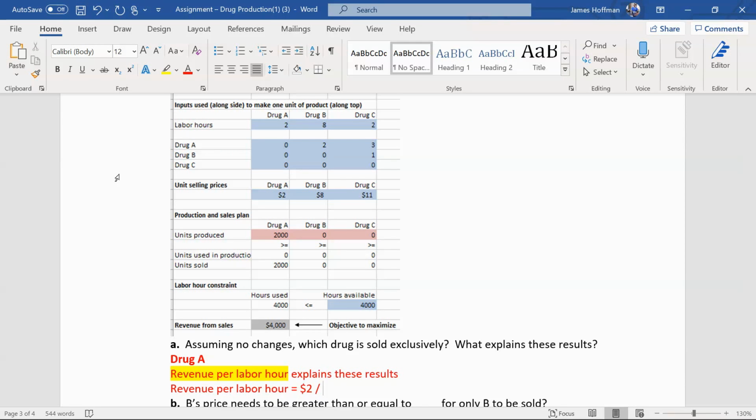Two. Yeah, 2 hours. And that gives us a nice even $1 per hour for drug A.